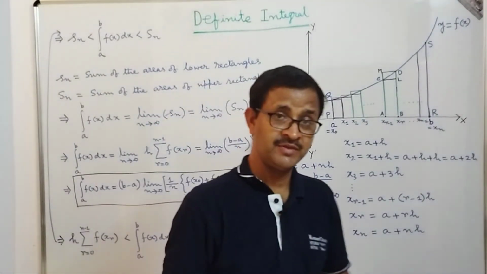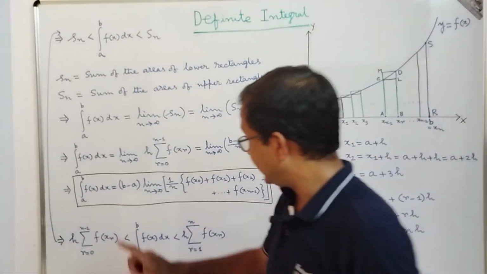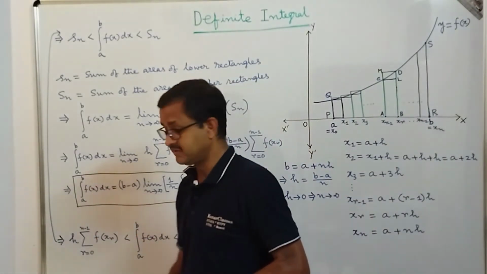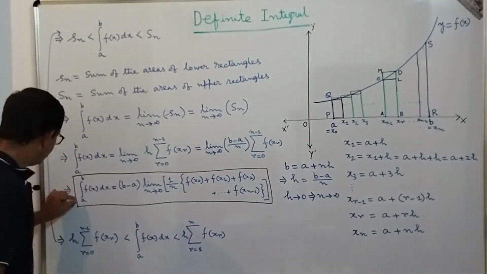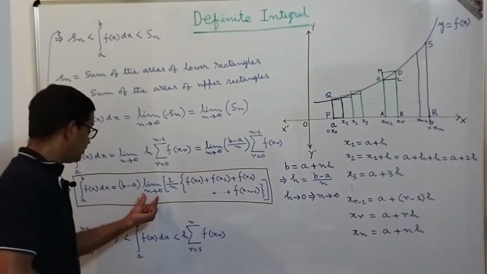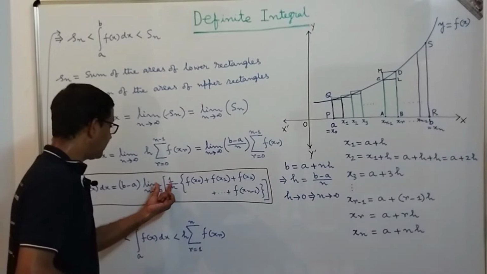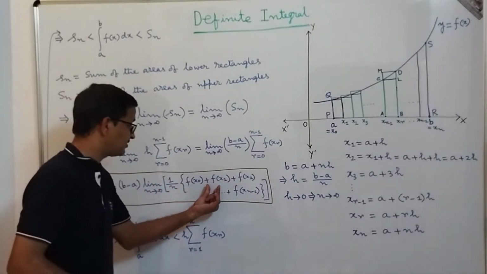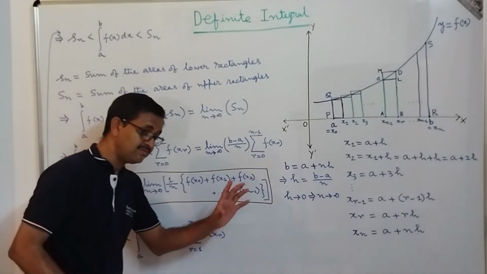That is why we define that the integration from a to b of f(x) dx is nothing but b minus a into the limit as n tends to infinity of 1 by n times f(x0) plus f(x1) plus f(x2) up to f of x n minus 1.